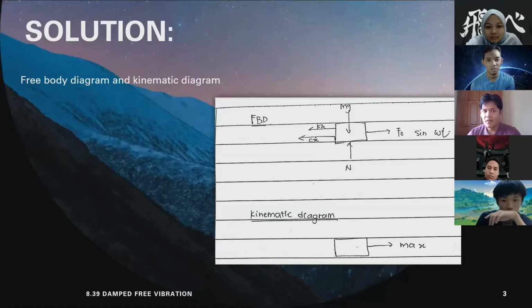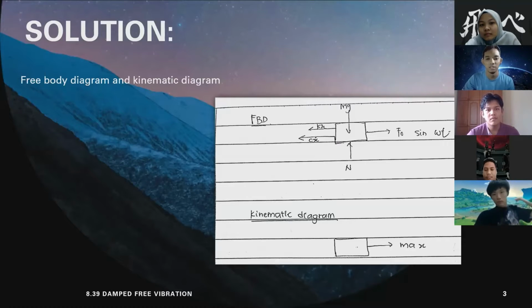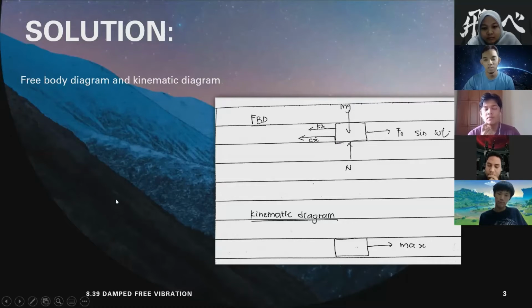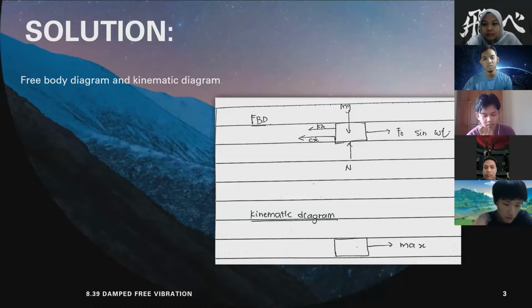For the free body diagram of this problem, it has a damper and the spring at the left of the chart. So the direction of the damper and the spring will go to the left, and it also has a force that will vibrate it to the right, and it also has a weight which is equal to mg and also the normal.